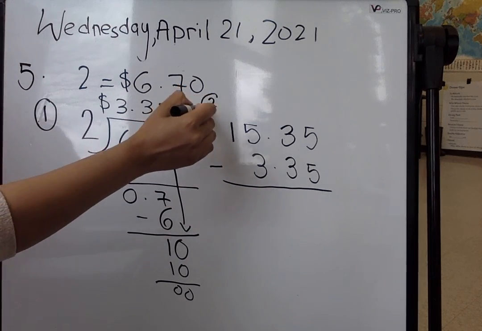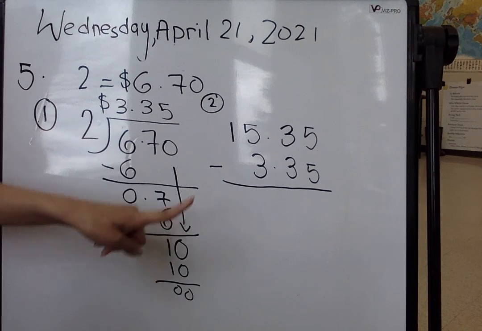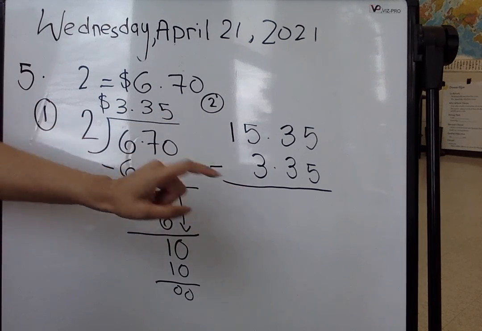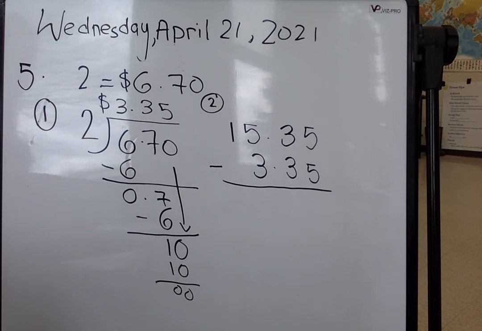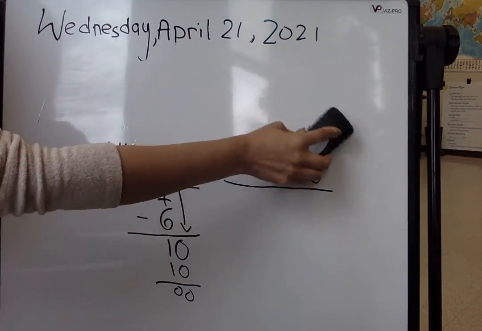That is part 2 of the problem. So grade 4s, once you've done this step, go ahead and subtract this number. And then we'll find out how much Alice had left. Okay? That is question 5. Let's move on to question 6.